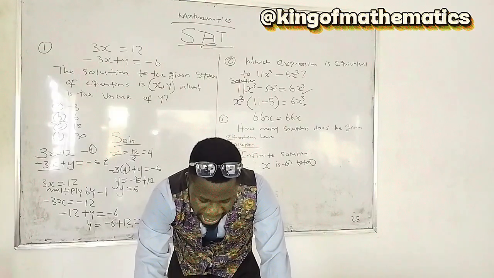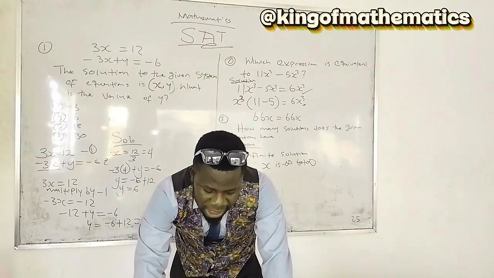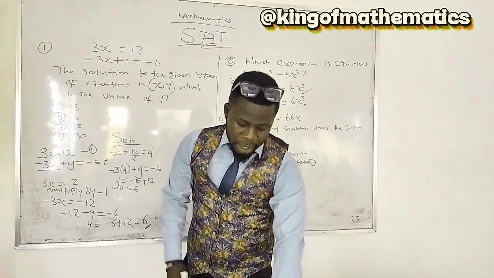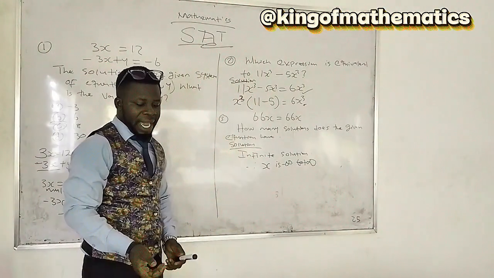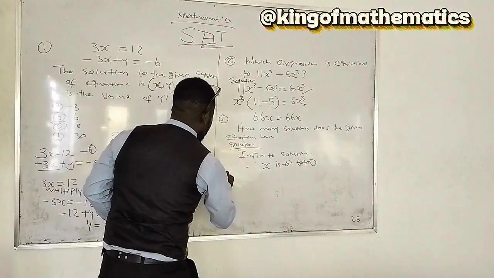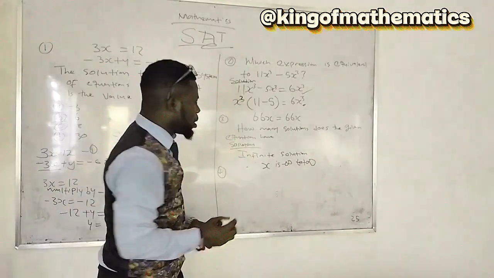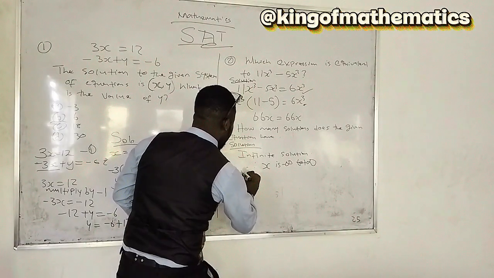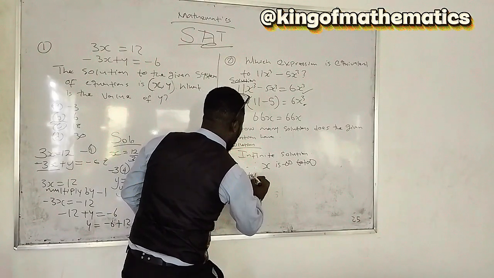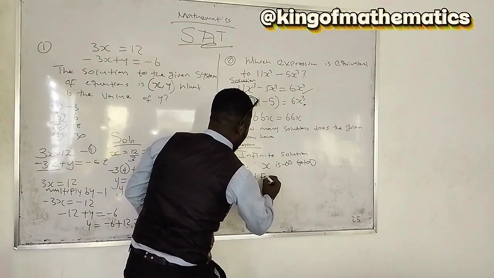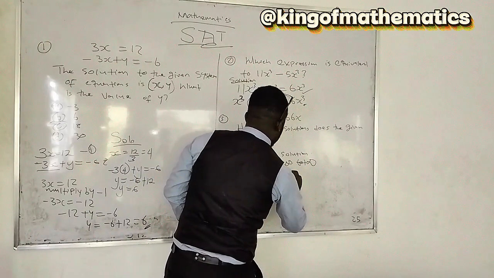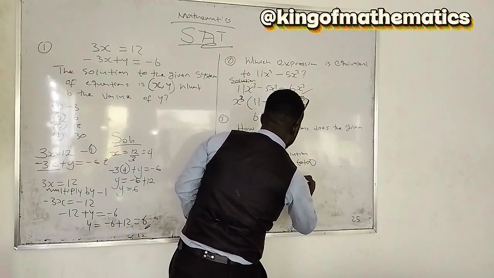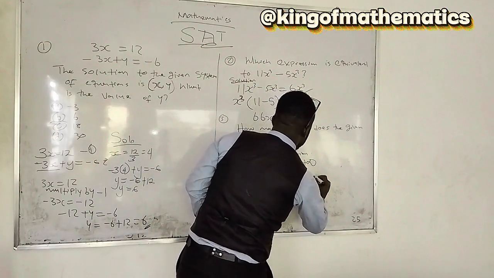Based on this data, how many people voted against the proposal? What you need to do is to represent the data. We have two things: voted for and voted against.